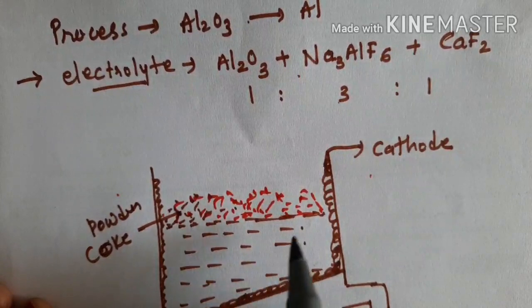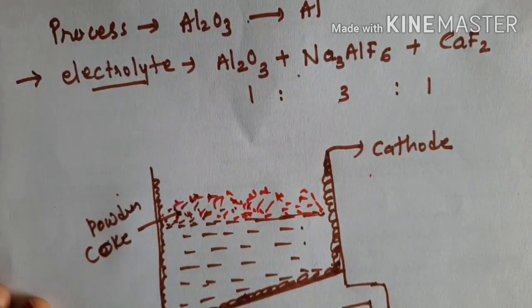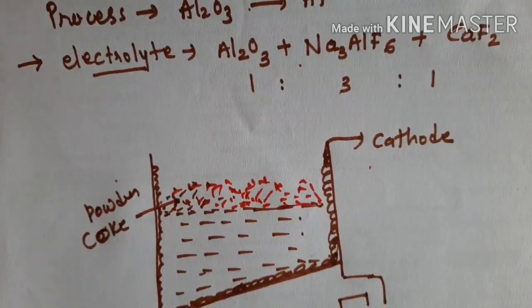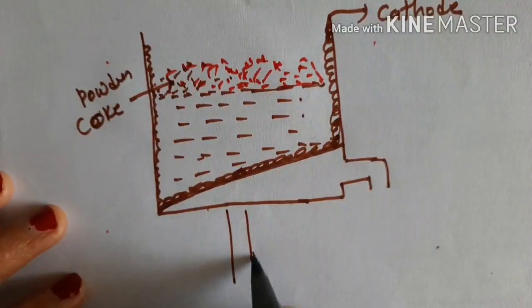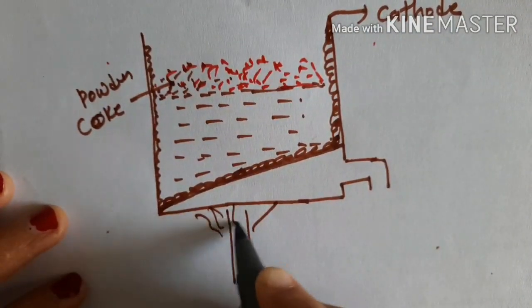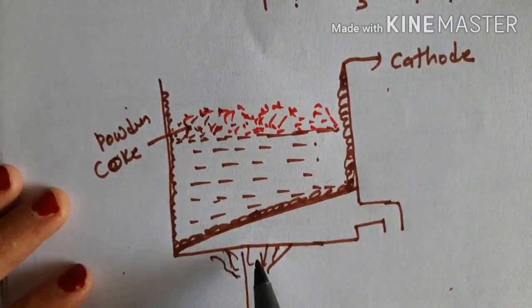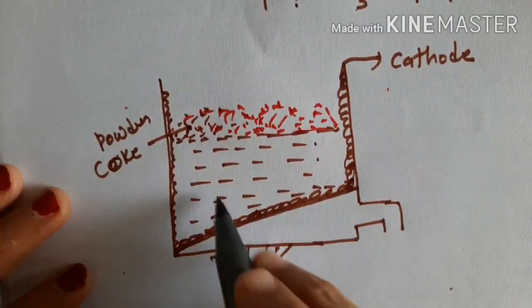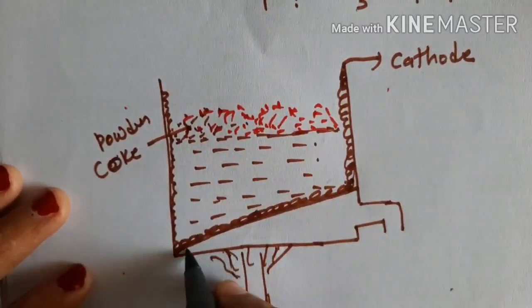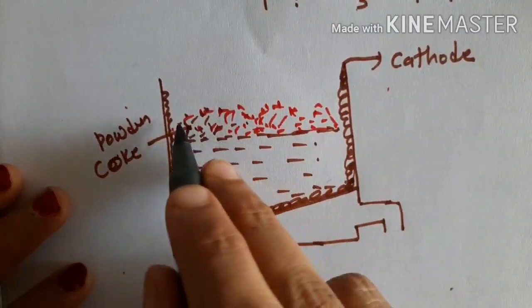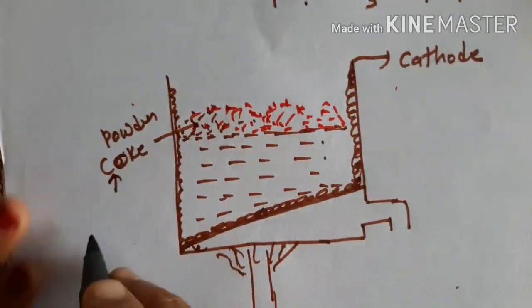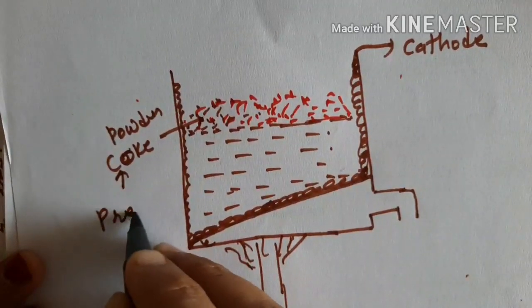Because it prevents heat loss. When we heat the tank from below, the coke powder prevents the heat produced from being lost. Remember, student, coke powder prevents heat loss.